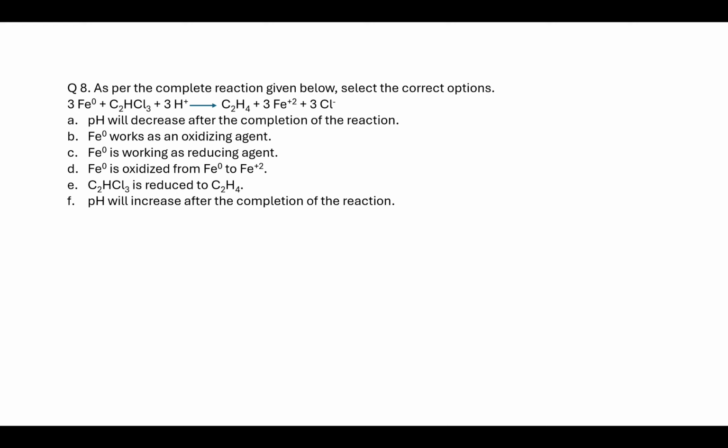C is Fe0 is working as a reducing agent. D is Fe0 is oxidized from Fe0 to Fe2 plus, CHCl3 is reduced to C2H4, and pH will increase after the completion of the reaction. Based on the reaction, we have to select the correct statement. There can be more than one correct option. Please write the correct option in the chat box, and then we will discuss.